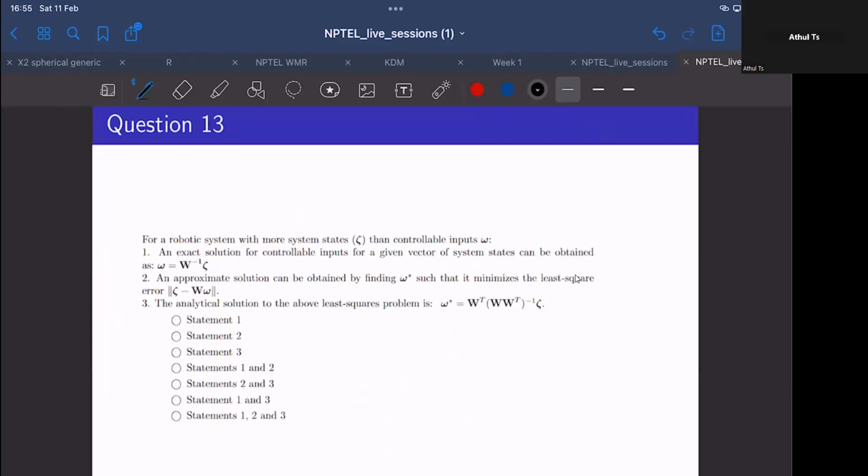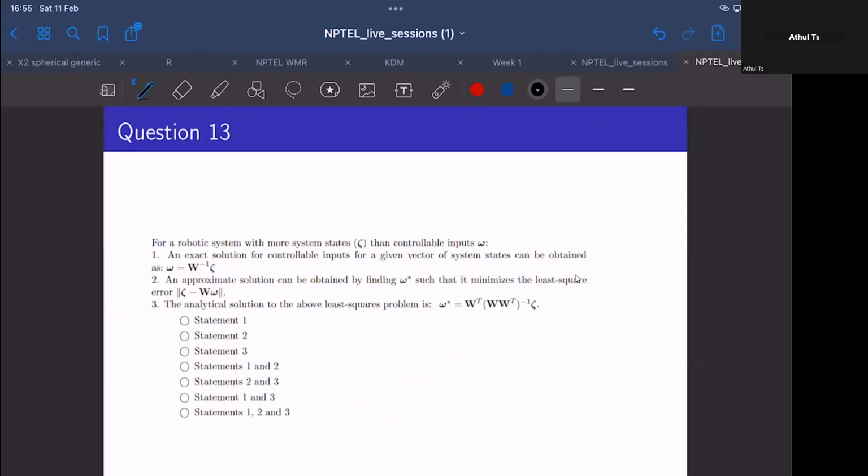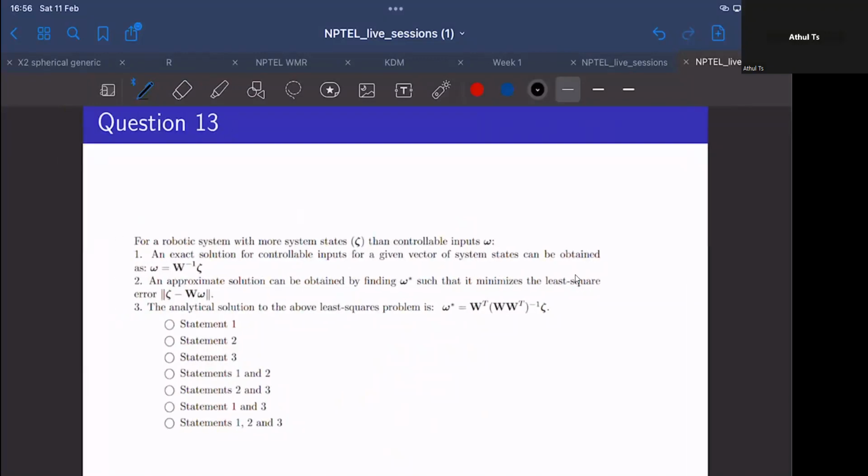And again, question 13 is basically a true or false kind of question. You are given two statements.